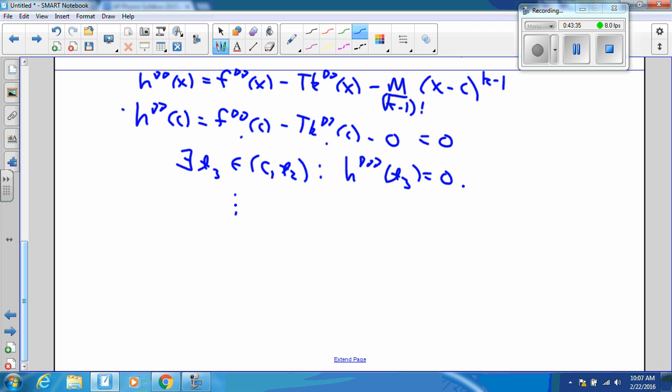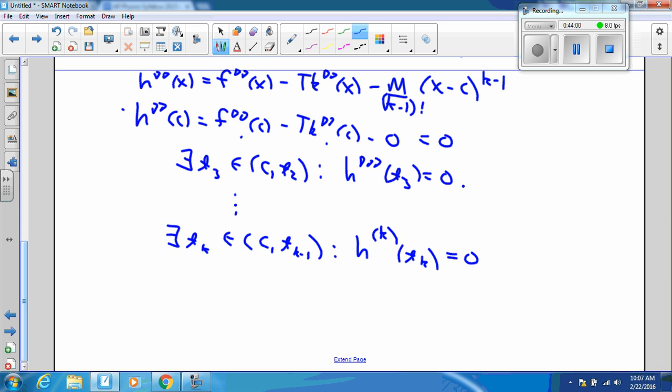So let's continue this pattern on down until we hit the point that there exists t sub k somewhere between c and t sub k minus 1 such that the kth derivative of h at tk is equal to 0.